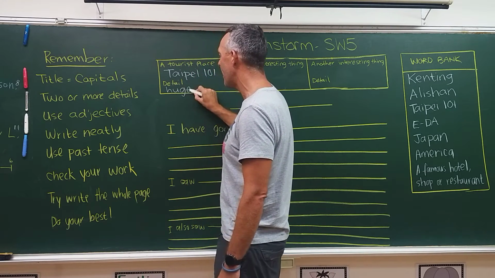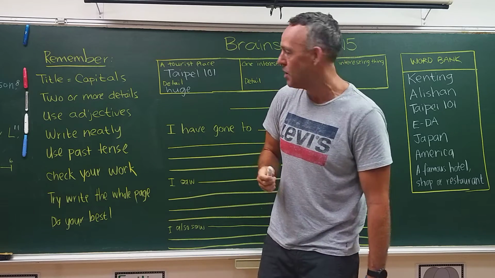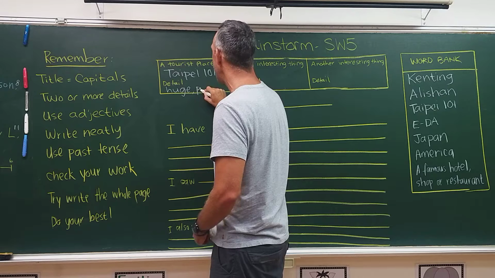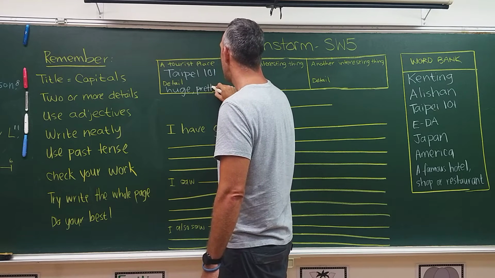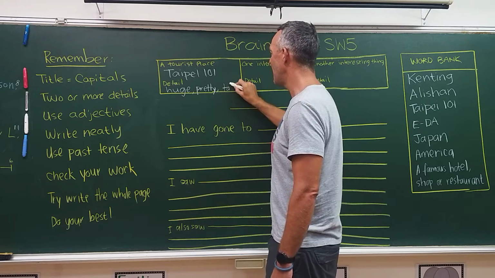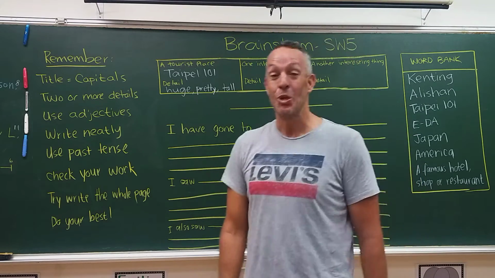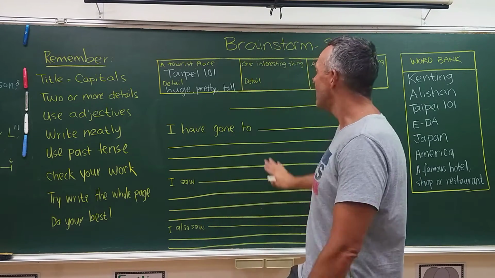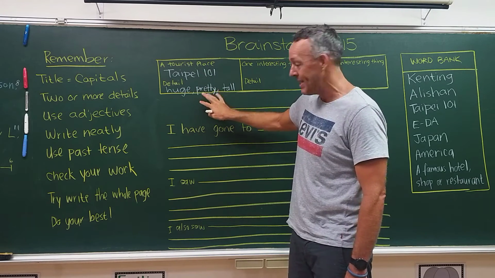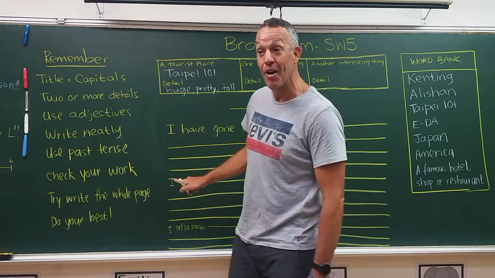Remember, always try and think of nice different kinds of adjectives that you might use. For me, I think it's very, very pretty. And, of course, it is something that you might associate as being really, really tall. Okay, so think of your place and things to describe it. That's going to be the first part over there.